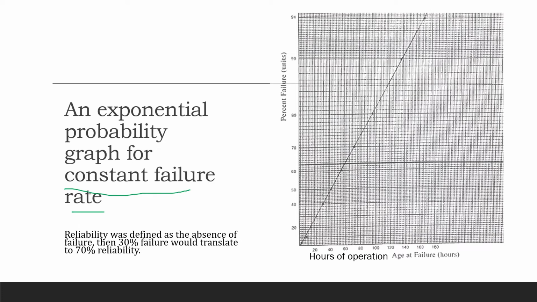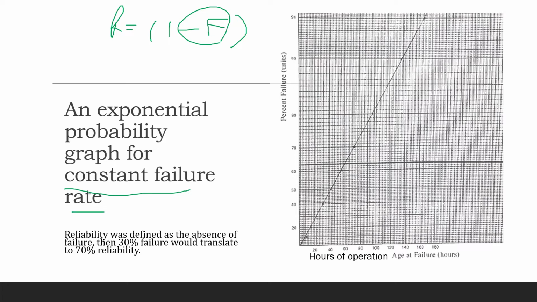Reliability is defined as the absence of failure. That's why we represent reliability as equal to 1 minus failure. So reliability is expressed as 1 minus failure, where 1 is the whole. Get rid of the failure and you will get the reliability.